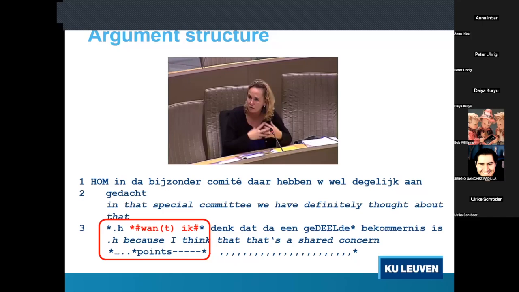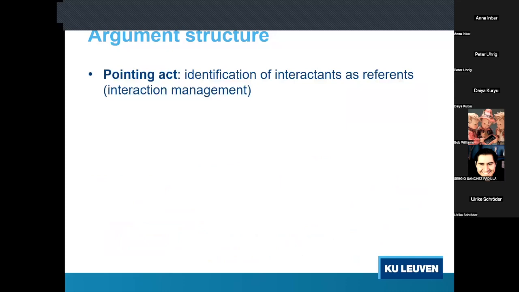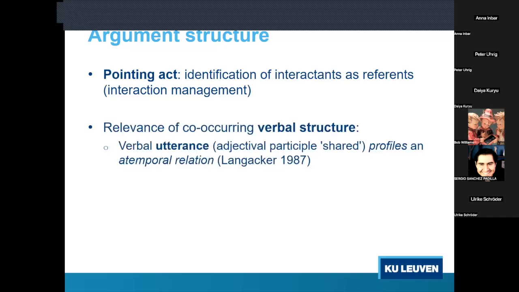Okay. So the pointing act is an identification of the interactants as a reference and is some sort of interaction management. But of course, what happens here is that shared is the past participle operating as an adjective to concern, a shared concern.